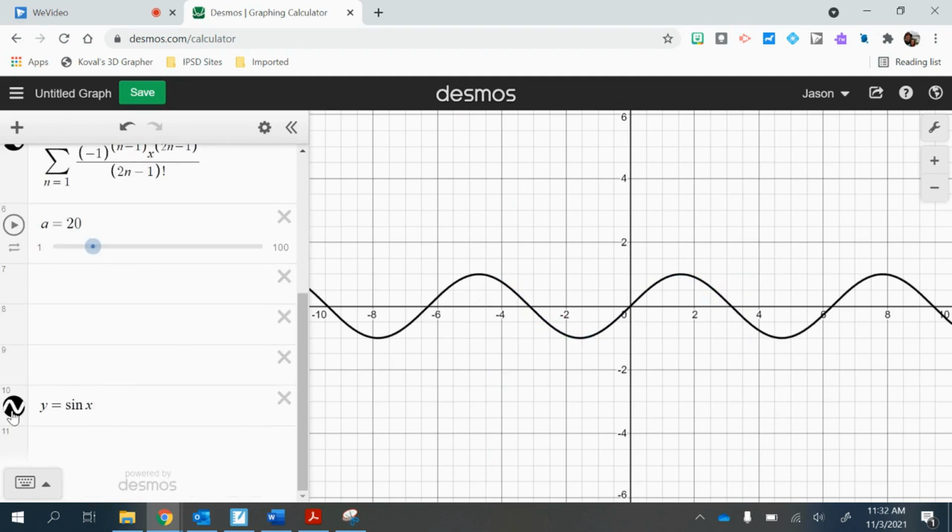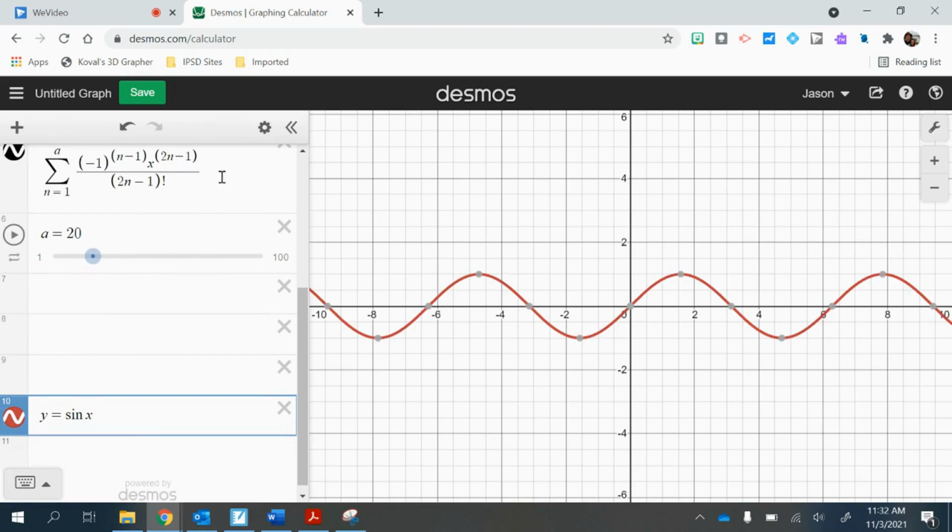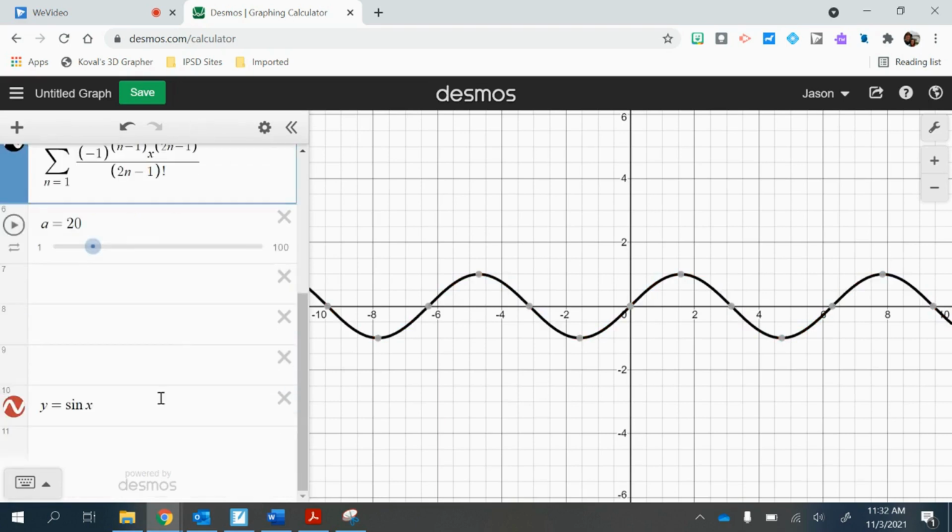And this graph looks a whole lot like sine of x. If I look at what this graph looks like, it appears to mimic sine of x really well.